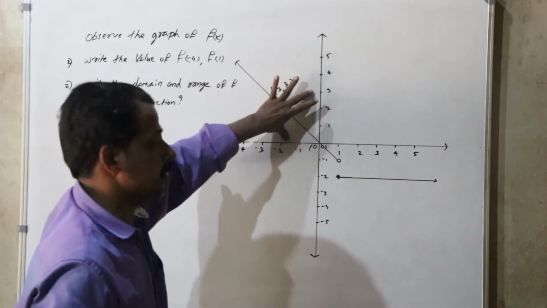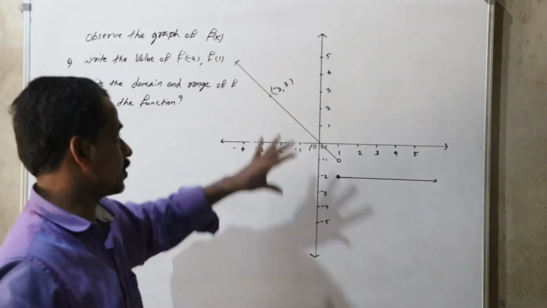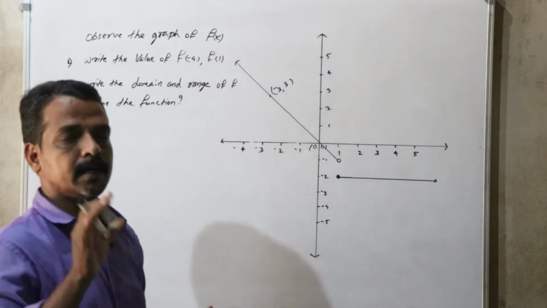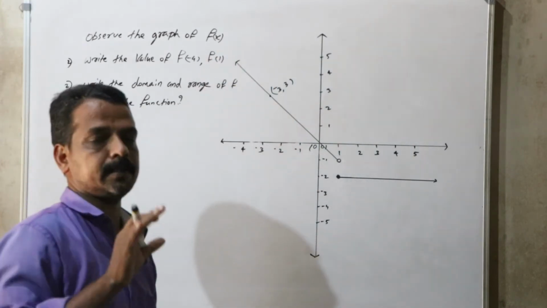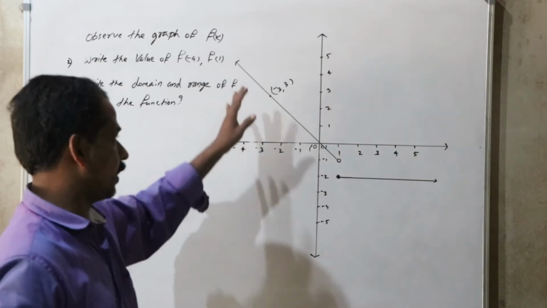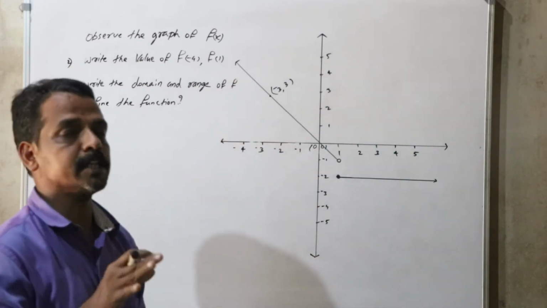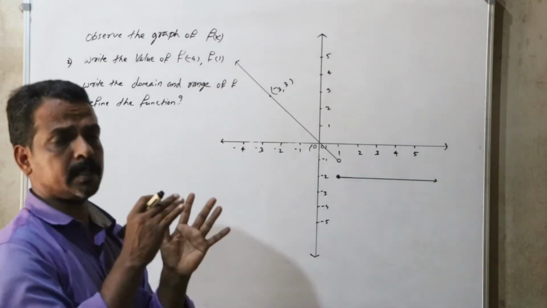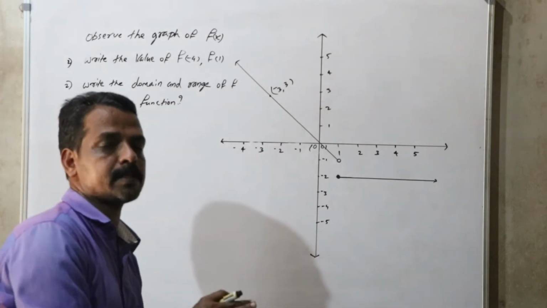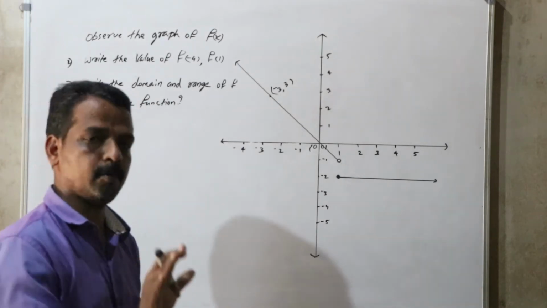In this quadrant, the x coordinate of any point is negative and y is positive. Minus 2 is the x coordinate. The point's y coordinate should be positive 2.